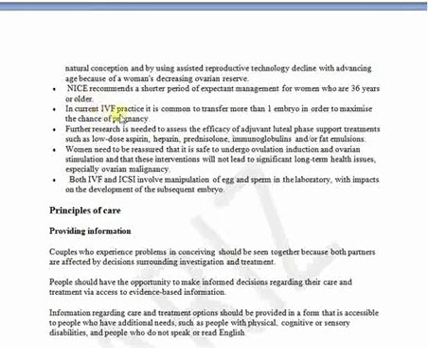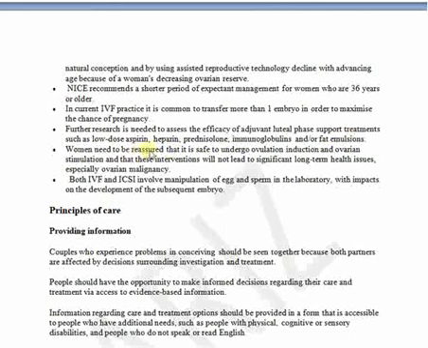In current IVF practice, it is common to transfer more than one embryo in order to maximize the chance of pregnancy. Further research is needed to assess the efficacy of adjuvant luteal phase support treatments such as low-dose aspirin, heparin, prednisolone, immunoglobulins, and/or fat emulsions.